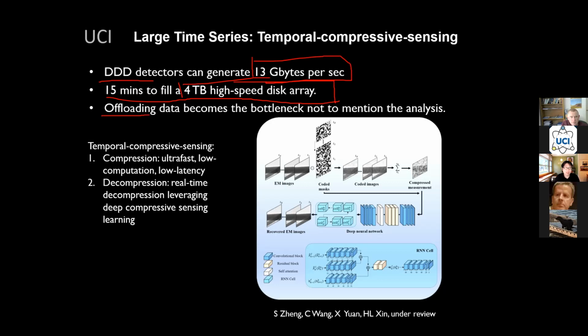And even if you can increase this, you've got to store your data somewhere, right? You cannot just have 10 portable hard drives, each only reading data at 100 megabytes per second. Do a small calculation and you find you need days to even take the data out, right? So offloading the data becomes a bottleneck, not to mention the analysis.